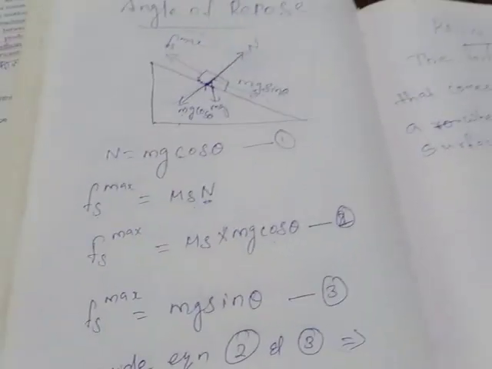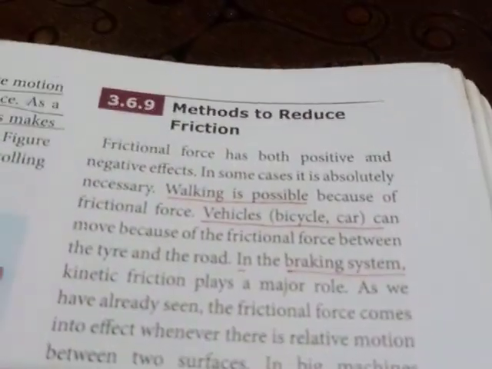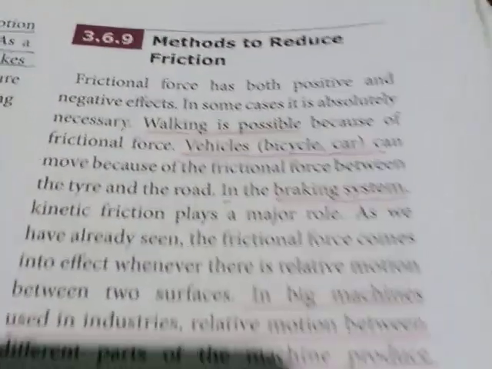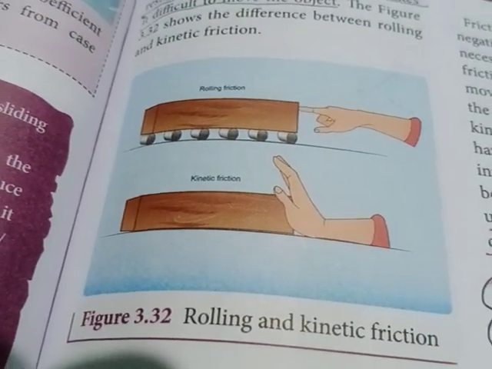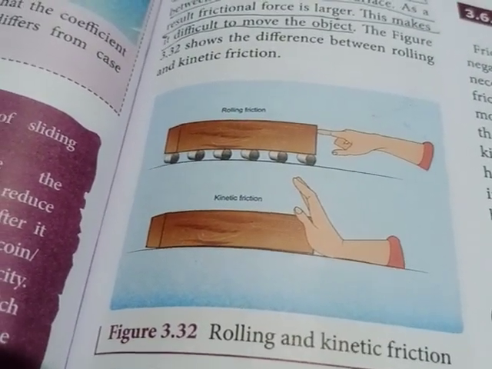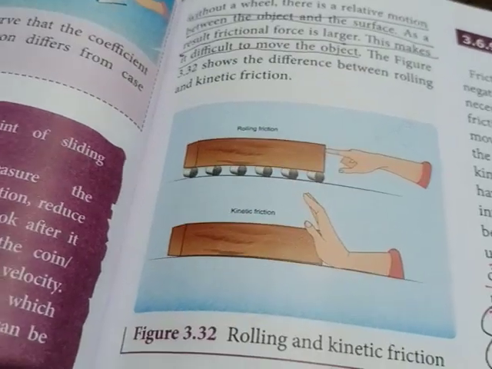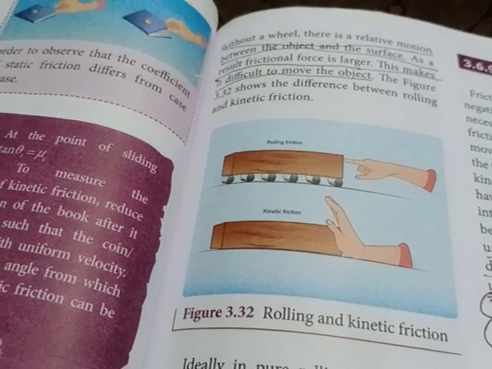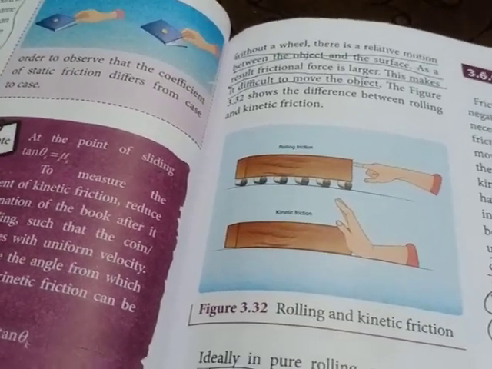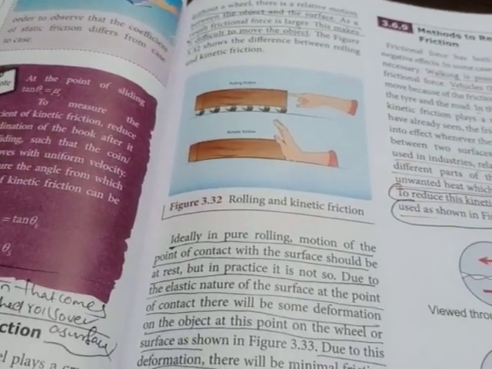And next, the important thing is, what are the methods to reduce friction? We know that, suppose you are walking. Walking is possible because of the frictional force. Otherwise, we may slip and fall. We know that in some places this friction is useful and in some places it is useless.